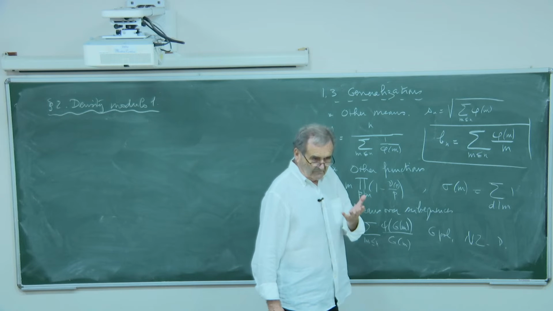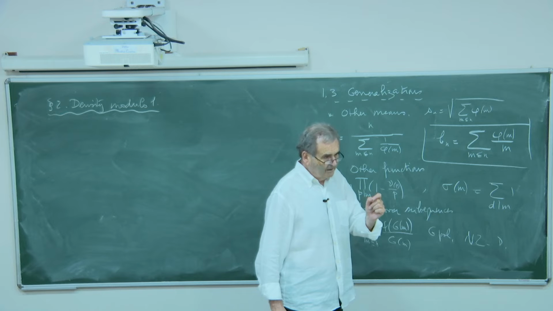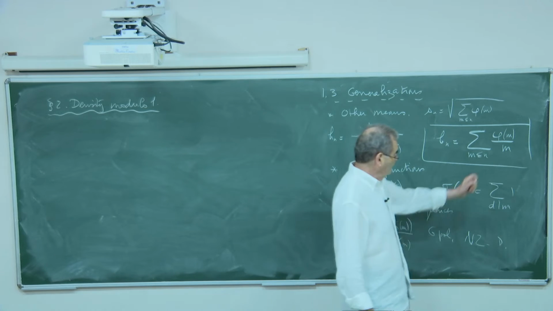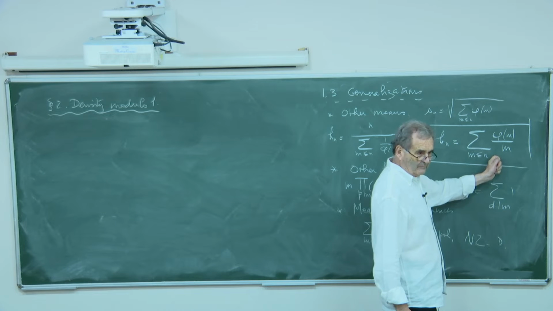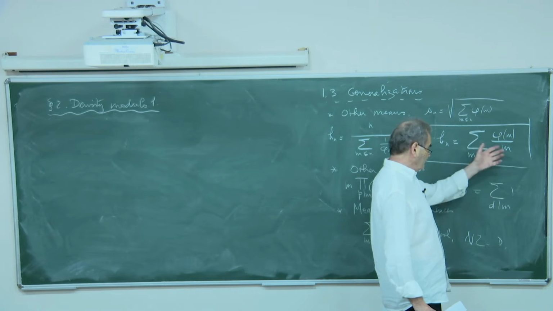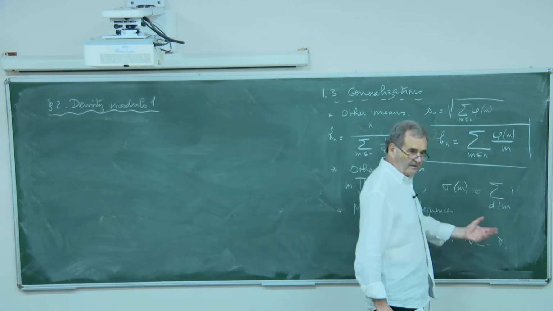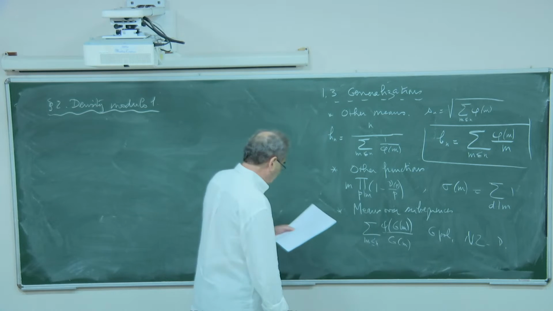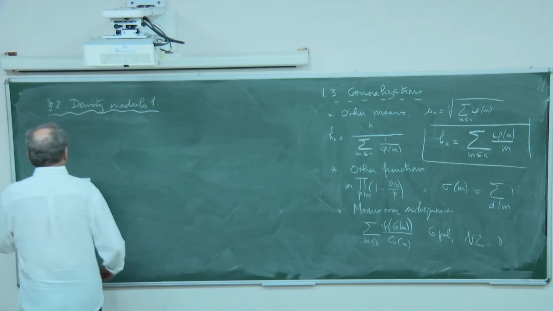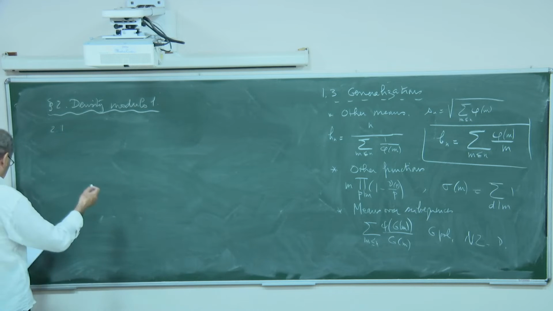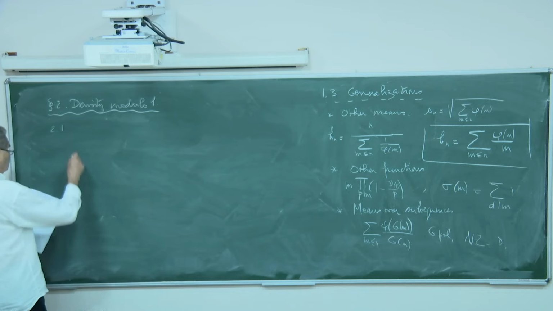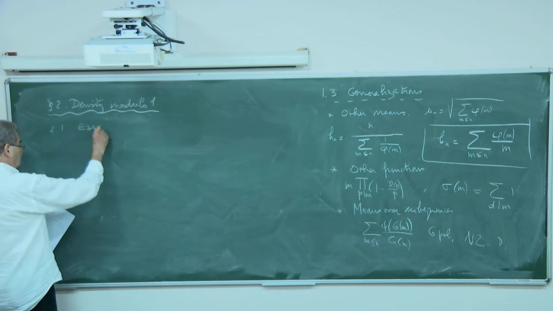And here we are really in the topic of local distribution of the value. So we'll look at local distribution of the function phi of m over m, either over all the integers or over a subset of the integers. Okay, so essentially we know only one method.